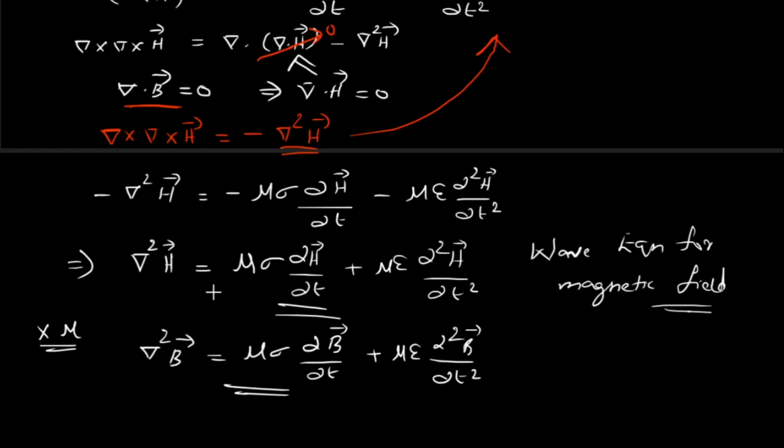So these are the two variants of the wave equation for magnetic field. Now we have del square E equal to mu sigma del E by del t plus mu epsilon del square E by del t square for electric field, and if you replace E vector with H vector you get the wave equation for magnetic field.